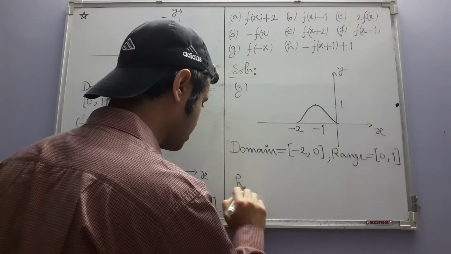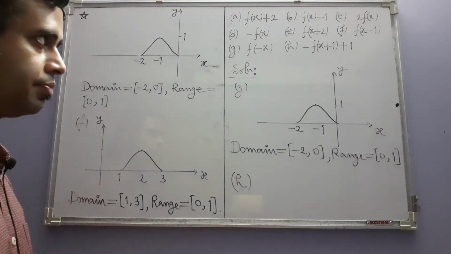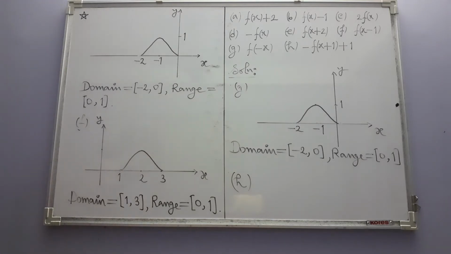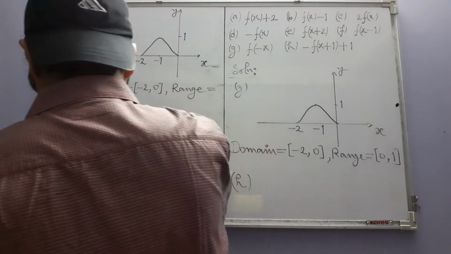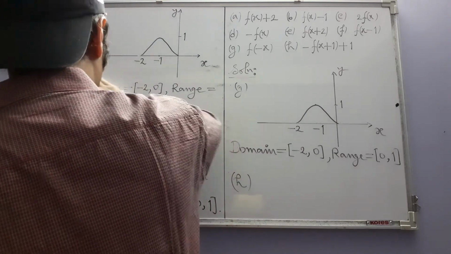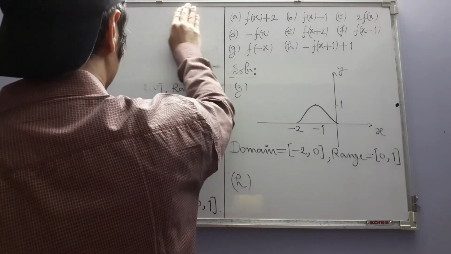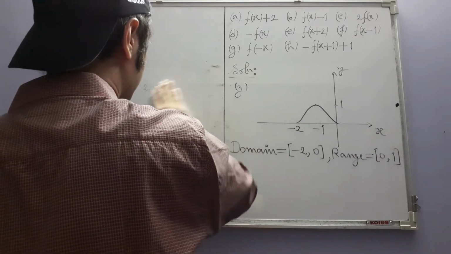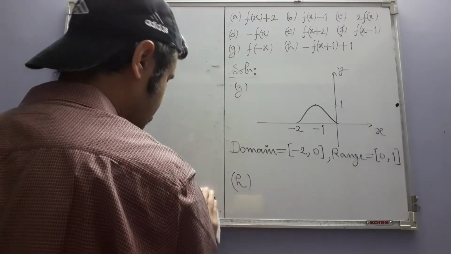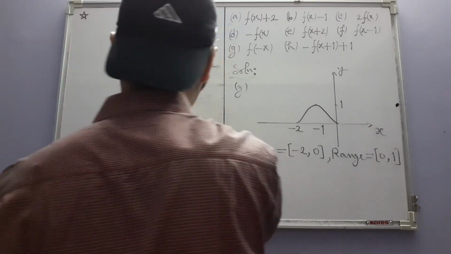And finally we have come to H. In this part we are changing the inputs as well as the outputs. So the two types of translations are happening simultaneously. We are shifting the graph horizontally because we are adding 1 to the input values, and at the same time we are shifting the graph vertically because we are adding 1 to the output values, but there is something else additionally.